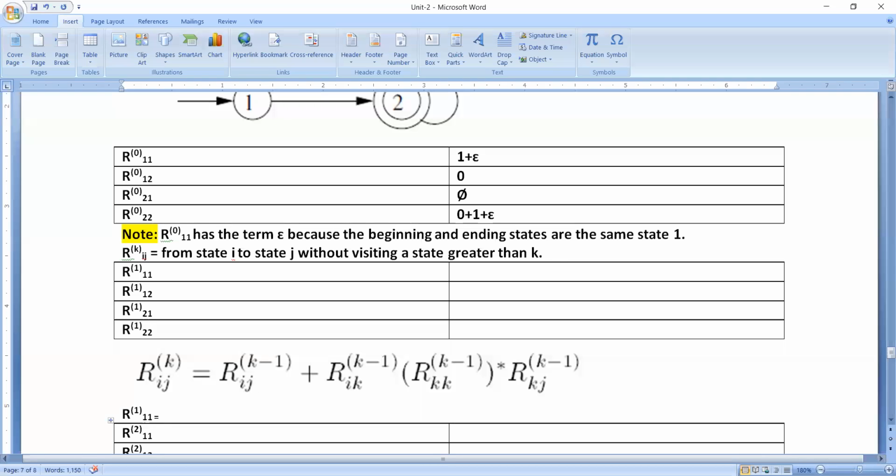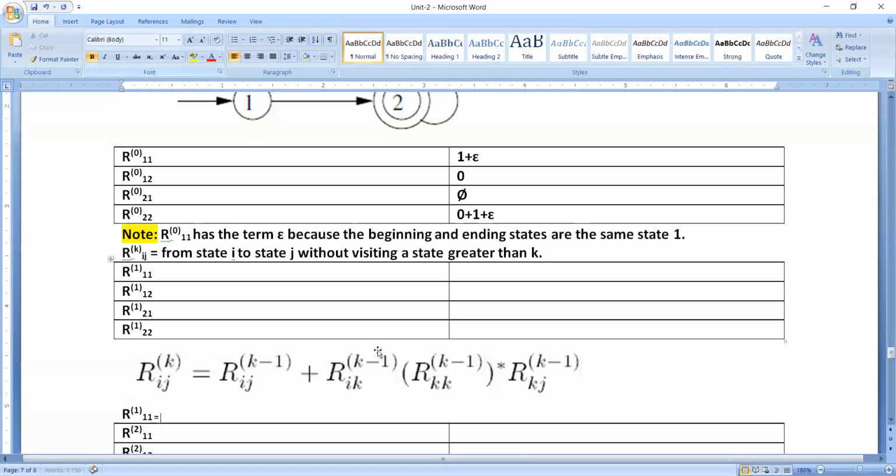Now what we need to do? Here we will get r, and the superscript will be k minus 1. What is k here?